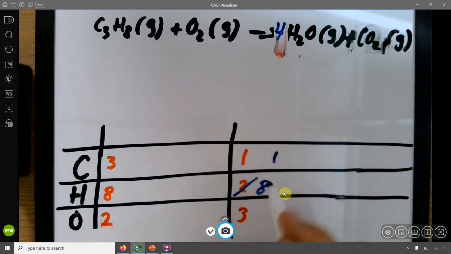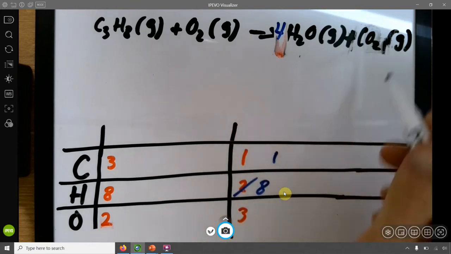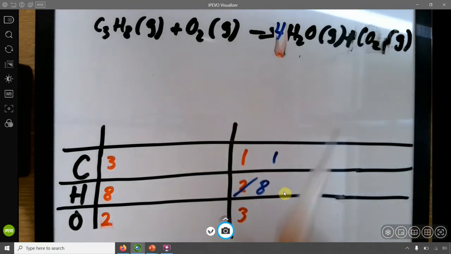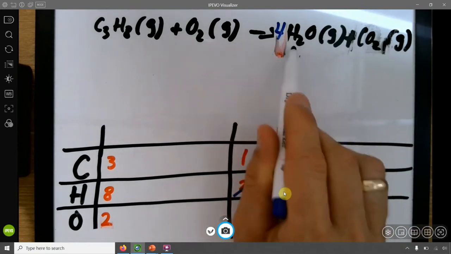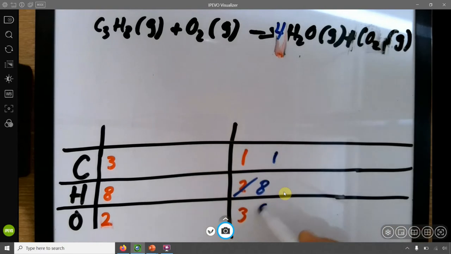My carbons didn't change, I didn't play with it, but my oxygens did. So now I have 4 oxygens plus 2, I have 6 oxygens. Okay, just so we're aware that this is happening. So that's my first change. Nothing changed on the left side, I didn't put anything. All right, now I get to go with something else. So let me pick on, I don't know, carbons. So I have 3 carbons on the left and I have 1 carbon on the right.